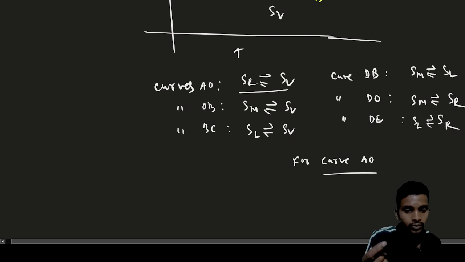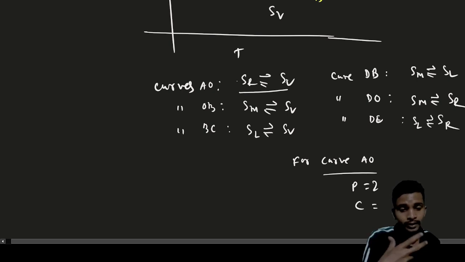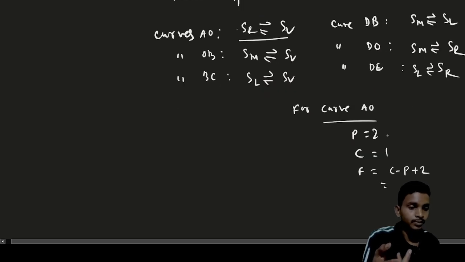Curve AO. So how many phases? 2, this and this, and components is 1 because we are discussing a one component system. Two species are present and one condition, so component is 1, and degrees of freedom F equals C minus P plus 2, so C is 1, P is 2, 1 minus 2 plus 2, that is equal to 1.